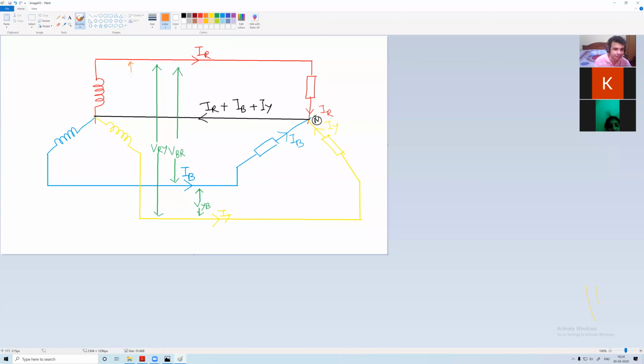This is V phase, that is equal to VRN, correct? The second one is VYN, VBN. Phase voltage, sorry.